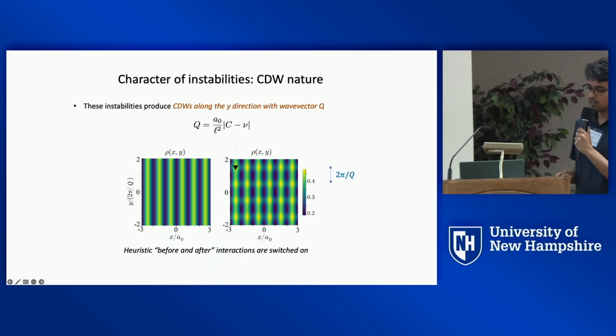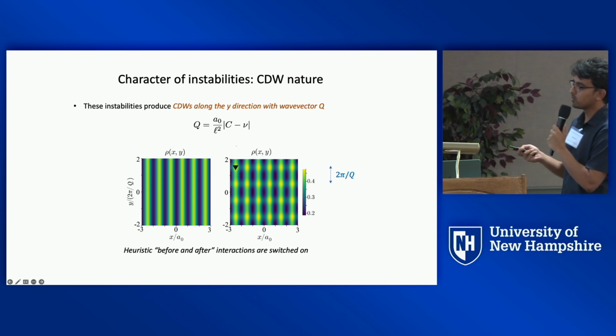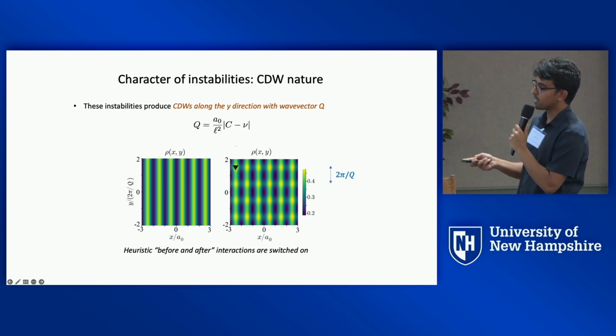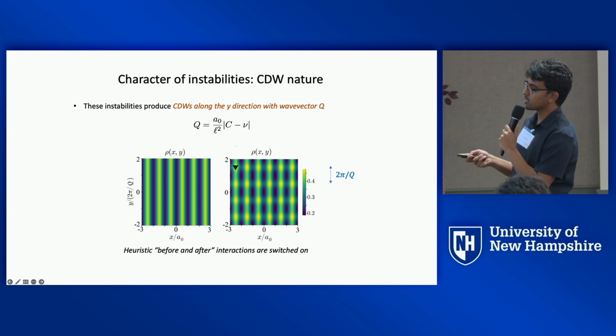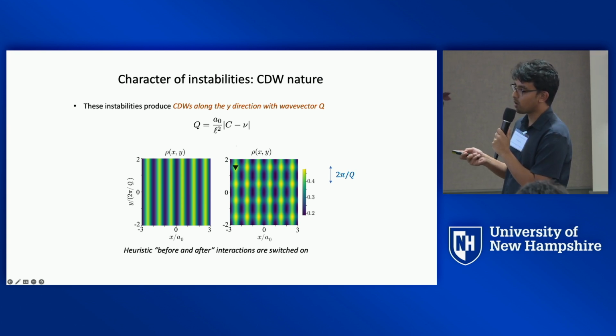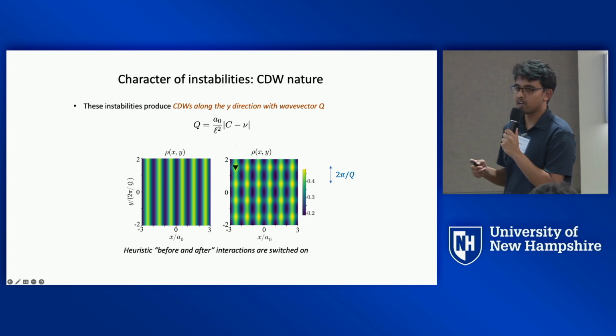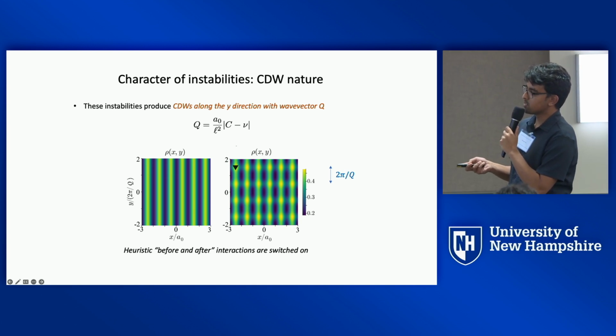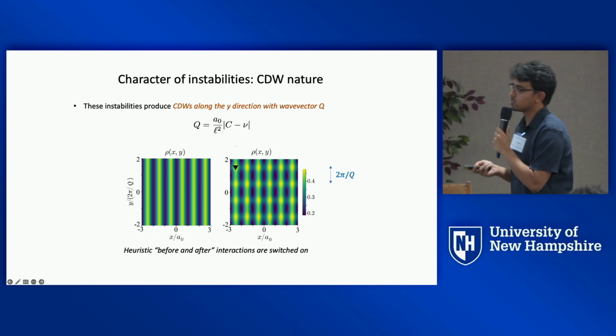Okay, and just to rehash my claim, I would claim that the charge density, which is modulated only along the x direction without interactions, upon turning on interactions, becomes a charge density wave in the y direction as well, and at the same time acquires a Chern number. And this is a heuristic picture of before and after turning on interactions.